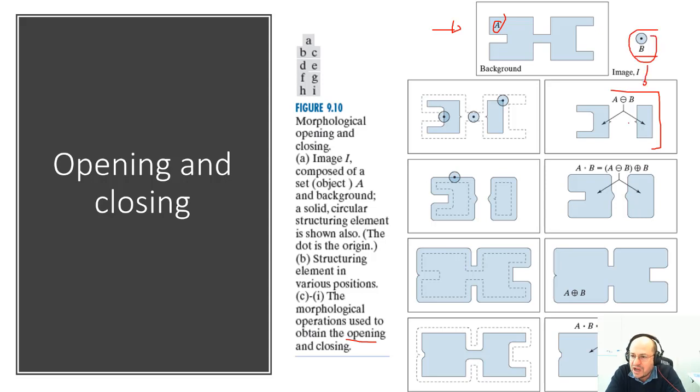This is the erosion, and then I use B again to dilate these two parts here. What I get is then two separated parts. What happens is that this part here was cut, as you can see here. This is the result of the opening, but I also smoothed the sharp edges.